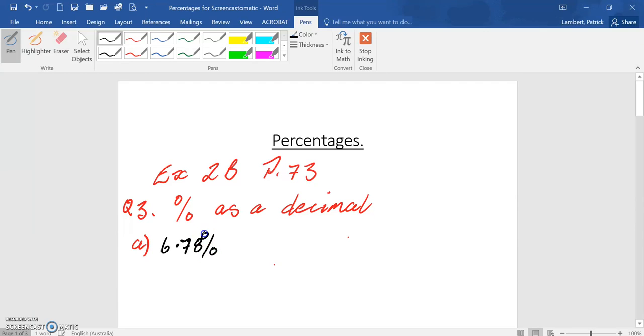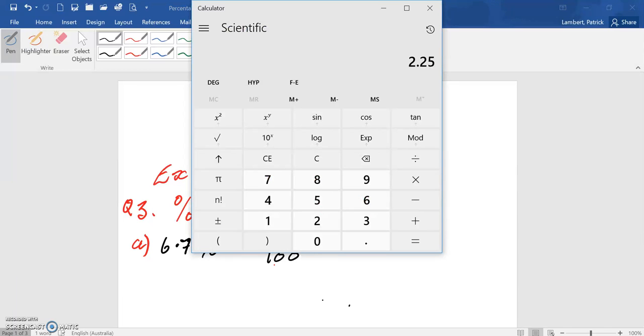Now, if we remember back to our table, that then becomes 6.78, because we've got two decimal places over 100, and 6.78 divided by 100. Let's have a look at our calculator. Clear that out. So we've got 6.78 divided by 100.